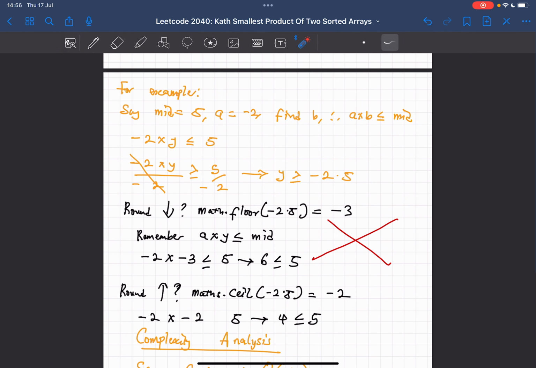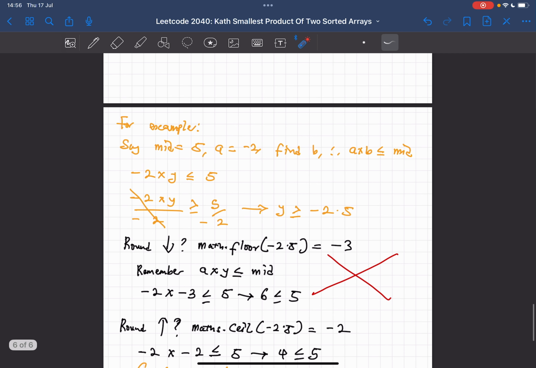And when we put our values, negative 2 times negative 2, less than or equal to 5, is it less than or equal to 5? Absolutely. 4 is less than or equal to 5, right? Again, I hope that is very, very clear.